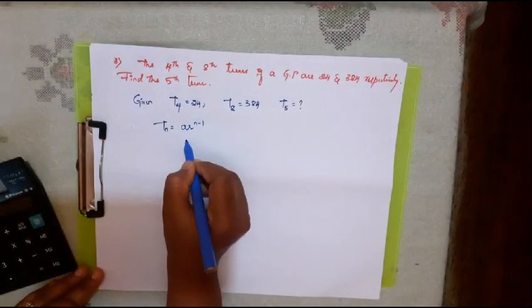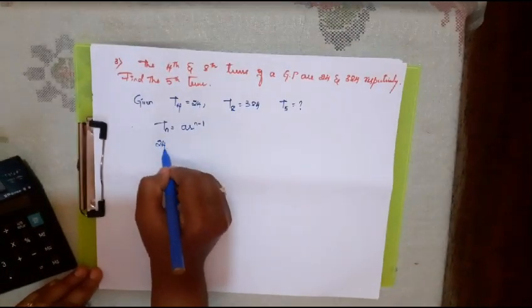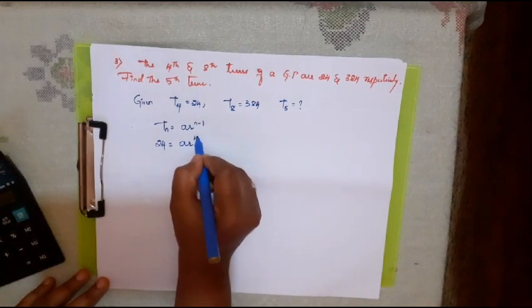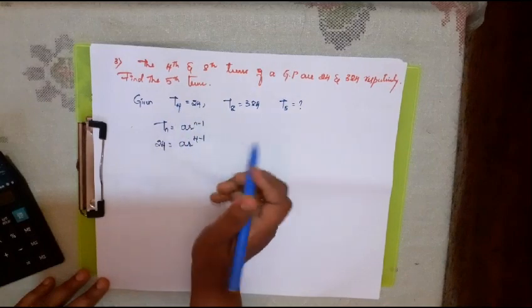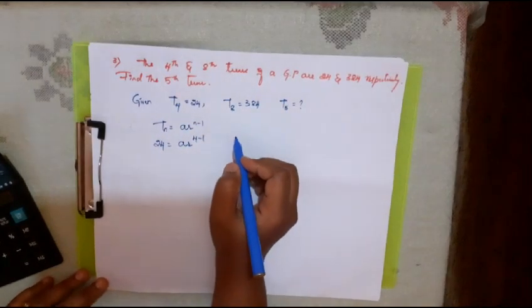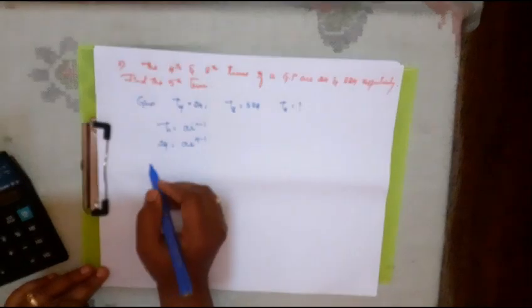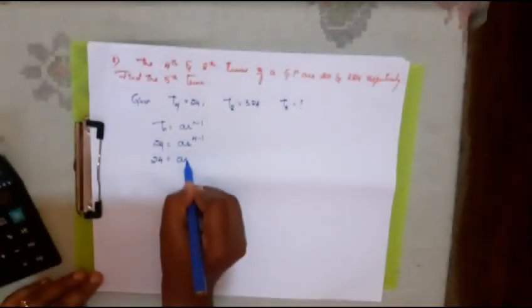So Tn is equal to AR^(n-1). T4 is equal to AR^(4-1), so n value is 4. So that you are getting 24 is equal to AR cube.